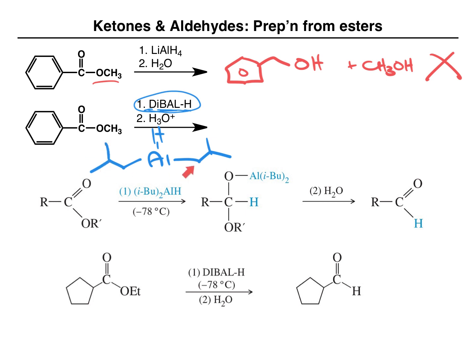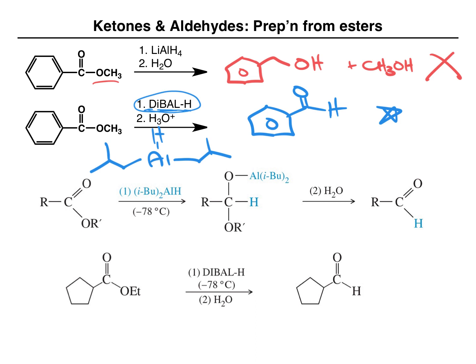Reduction with diisobutyl aluminum hydride, and this is usually kept very cold, will give us an aldehyde. So the ester is not reduced all the way down to the alcohol, it stops at the aldehyde. In other words, this is a great way to make aldehydes.